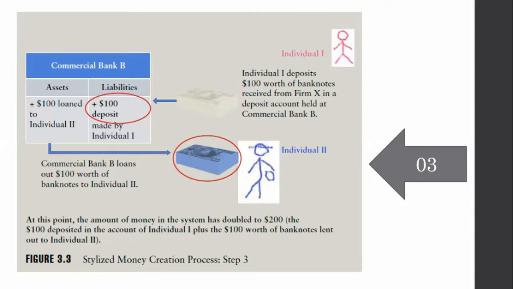So now you can see that we have a deposit here worth $100 and cash we have $100 with individual 2. Now tell me how much is the money supplying the economy. Normally the money supplying the economy is considered as a summation or an addition of the currency held by the general public and the deposits of the general public held in the commercial banks.